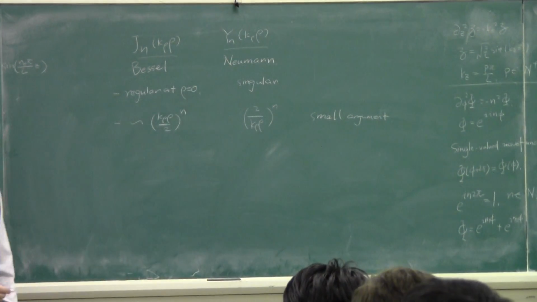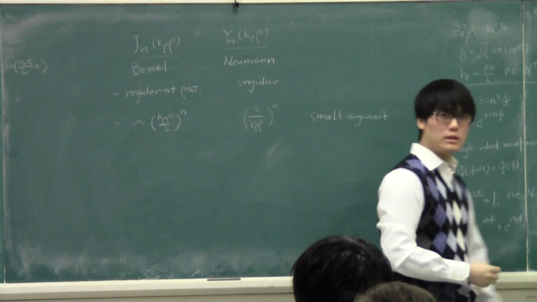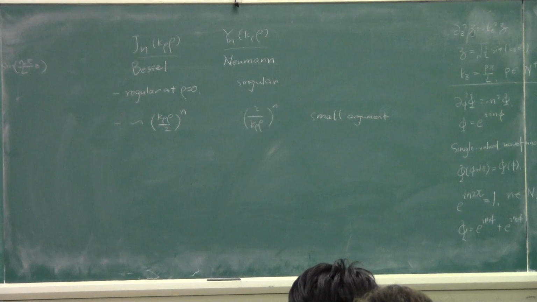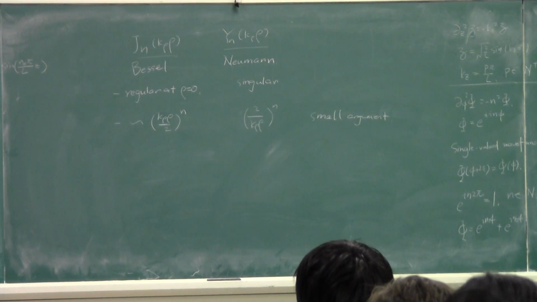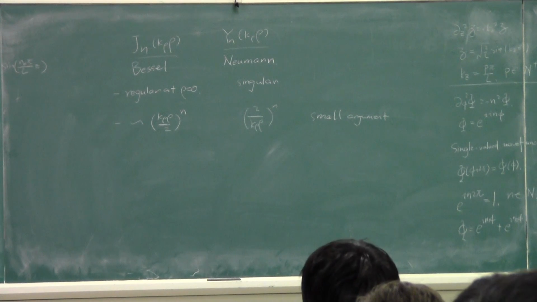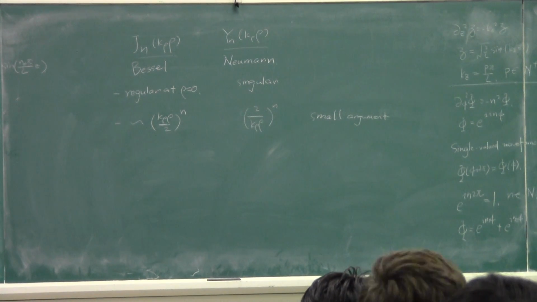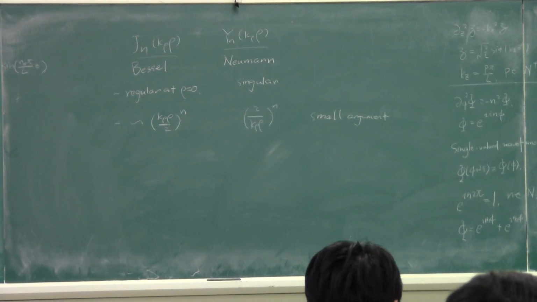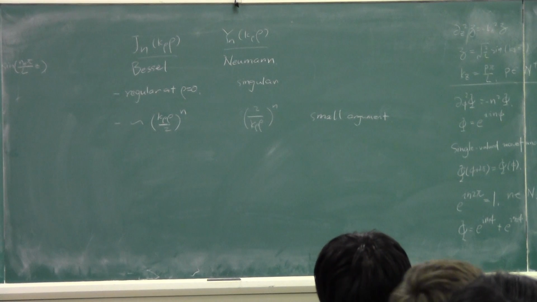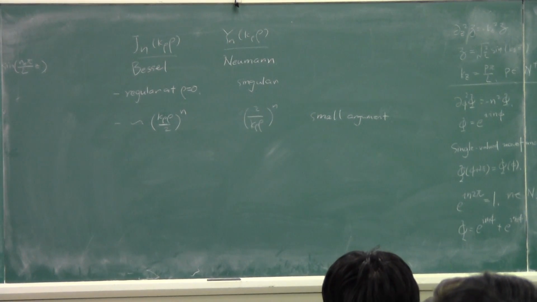All right. What about large argument? Large argument we can actually directly read off from this differential equation here. If I'm far enough out in the rho direction, then 1 over rho squared is almost 0. Forget about the 1 over rho term because it's also very small. Then you just have minus the second derivative with respect to rho equal to k squared times the function, which is again a free particle problem.